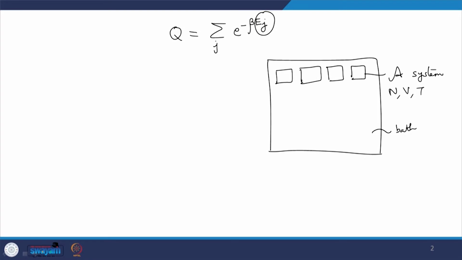So, now I can define a variable f equal to ln of q, or ln of summation over j e to the power minus beta Ej, and it turns out this particular function has very interesting significance and it relates to the idea of Helmholtz free energy.